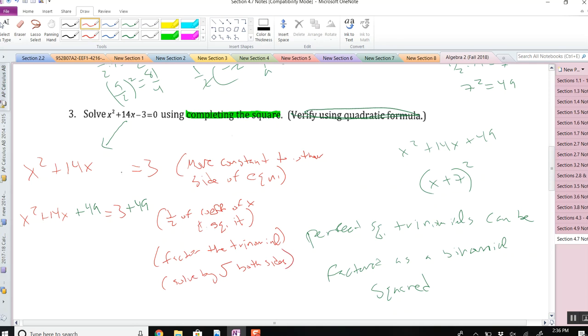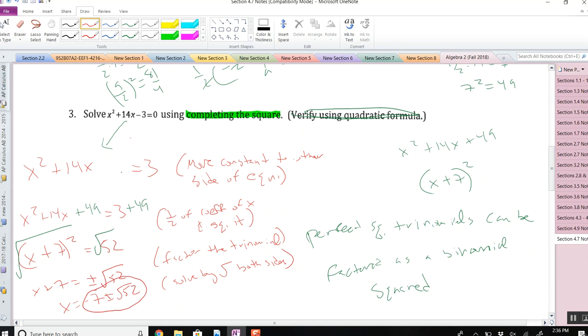So if we do that, you have x plus 7 squared equals 52. x plus 7 equals plus or minus root 52. So notice I square rooted both sides here. And then when you isolate x, x is negative 7 plus or minus root 52.